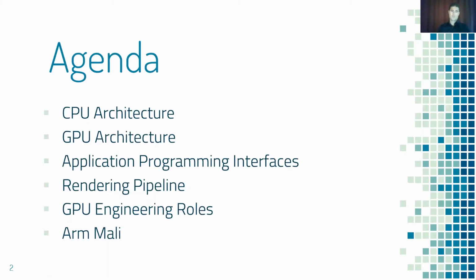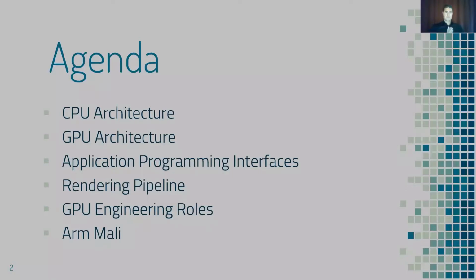Then we'll talk about engineering roles, which is interesting, especially for those of you who will consider working in a GPU organization. And we'll close the presentation by discussing Arm Mali, which is the GPU my colleagues at Arm and I design and build.